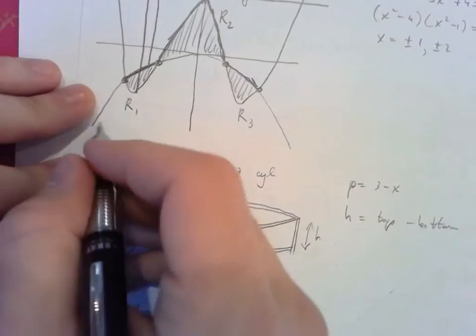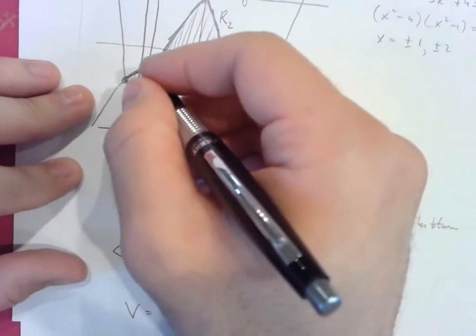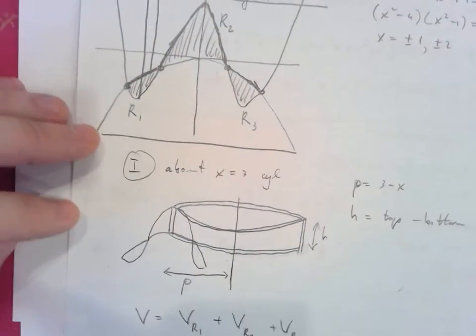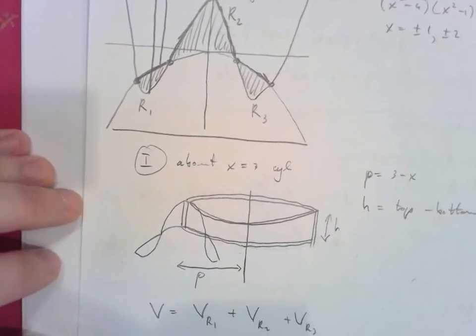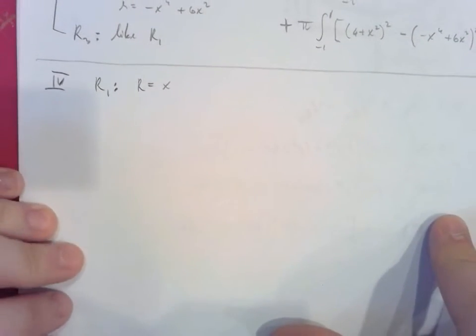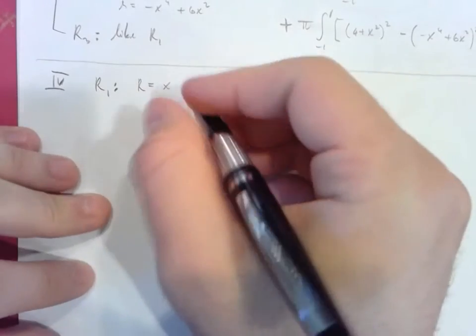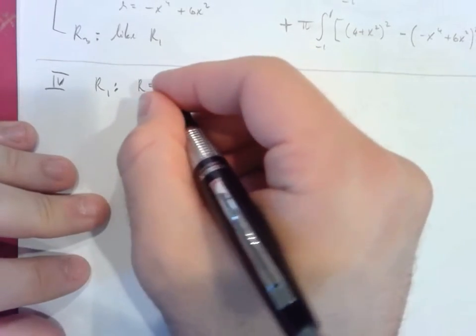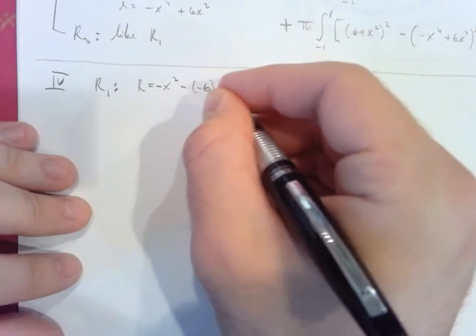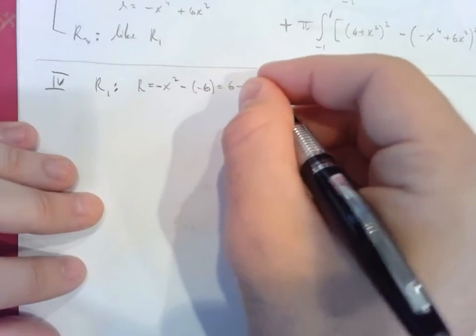In region 1, it looks like the x squared is going to be on top this time around. So the outer radius is given by x squared minus constant. Or negative x squared minus negative 6, which is 6 minus x squared.